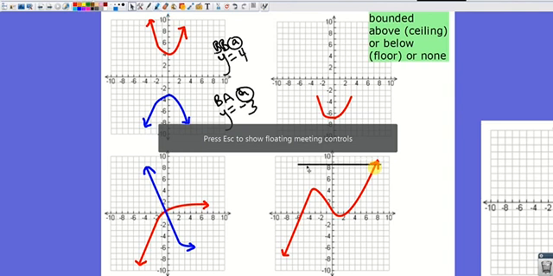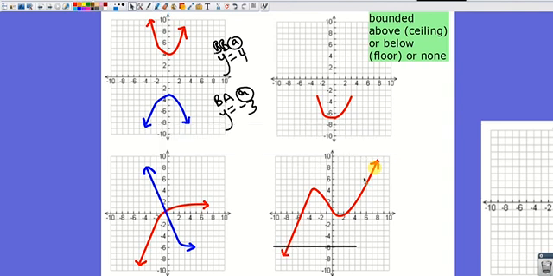Is it bounded below? No, because there's no floor, because the yellow arrowhead will cross the black. So this one is, we're going to say, not bounded. NB, not bounded. That's an easy example.